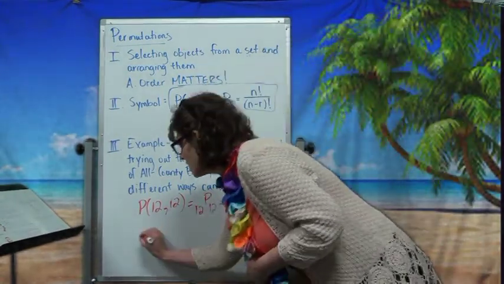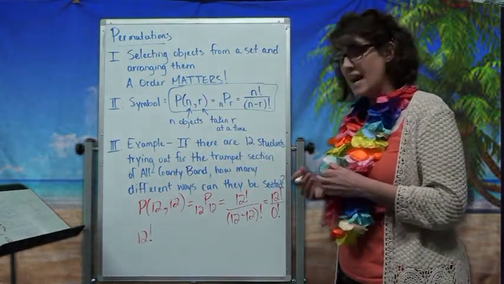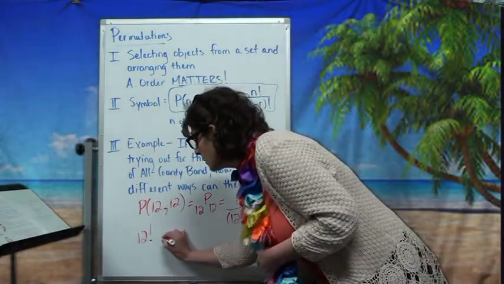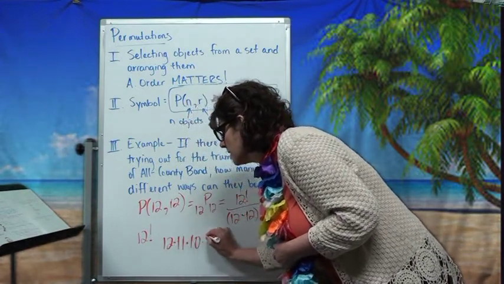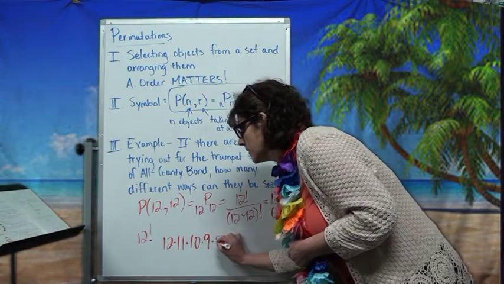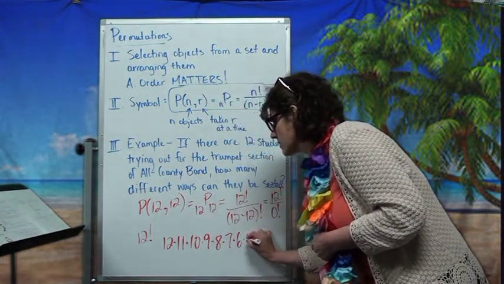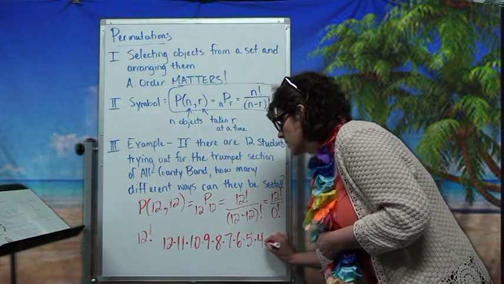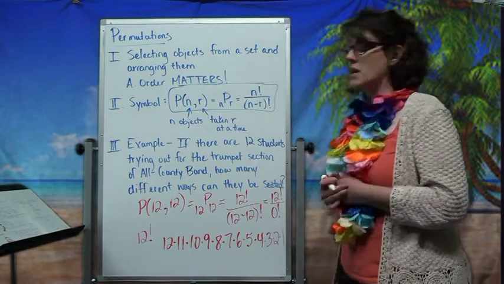So really, in fact, this just simply means 12 factorial. So if that's the case, 12 factorial simply means I'm going to do 12 times 11 times 10 times 9 times 8 times 7 times 6 times 5 times 4 times 3 times 2 times 1.